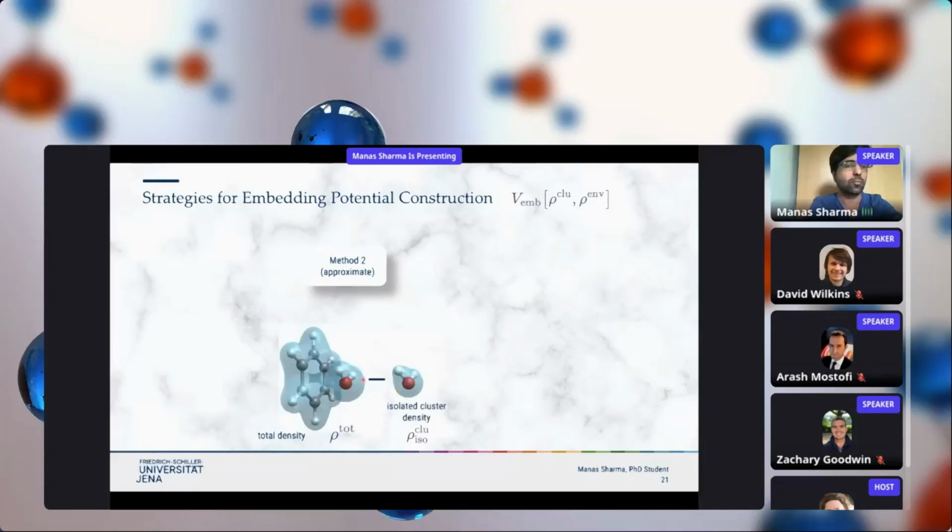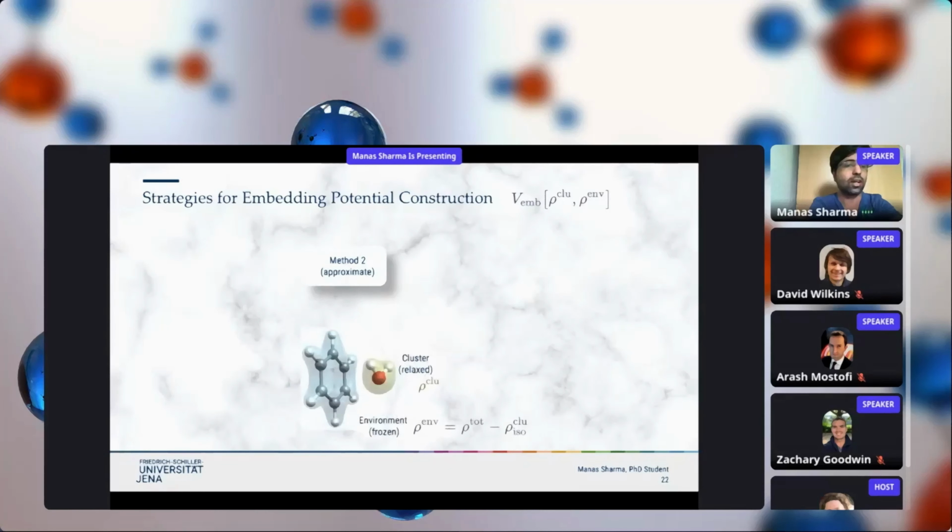We take this difference density as our environment density, and then we plug this environment density into the embedding potential, and then we relax the cluster in the presence of this embedding potential, just like method 1. And again, this is approximate in nature due to the presence of those non-additive kinetic energy density functionals.